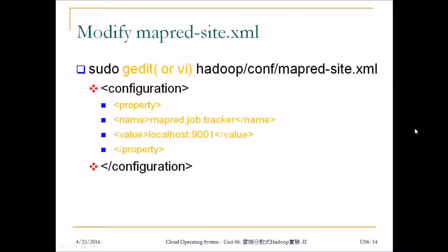Hence, we need to assign the MapReduce job tracker. The value will be localhost. The port will be 9001. Then, the name node and the data node, or the job tracker and the task tracker will know how to communicate between each other.